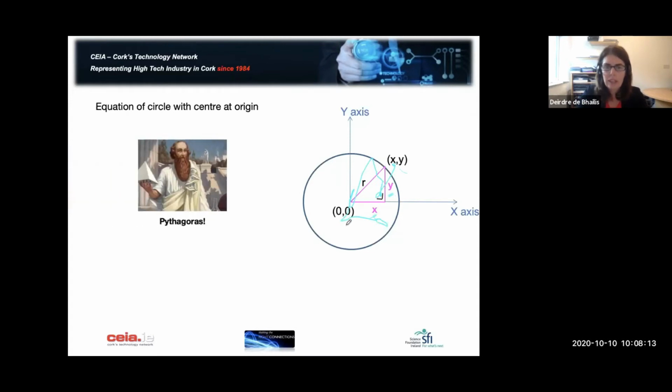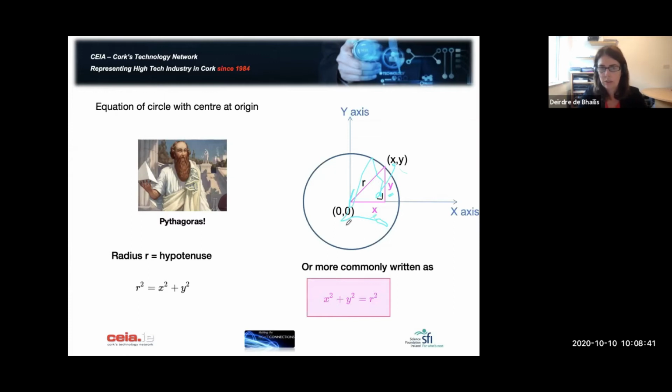When we look at that, we are talking about our old friend Pythagoras, who pops up in an awful lot of places. Pythagoras says that the radius r is the hypotenuse here, and that the hypotenuse squared is equal to the sum of the squares of the other two sides, which we have determined is x and y. So we see this more commonly written, for the circle, as x squared plus y squared equals r squared. That is simply how we derive the equation of a circle. It is coming from Pythagoras and the right-angled triangle.